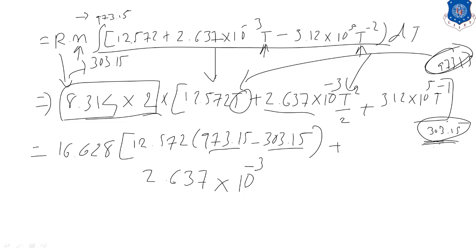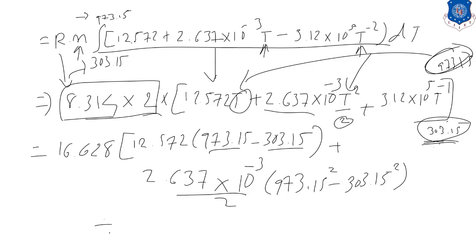Now we have to put the value of T square, that can be given by 973.15 whole raised to square minus 303.15 whole raised to square divided by 2, plus this term, in this term given that 3.12 multiplied by 10 raised to 5 into, we have to put the value of T raised to minus 1.